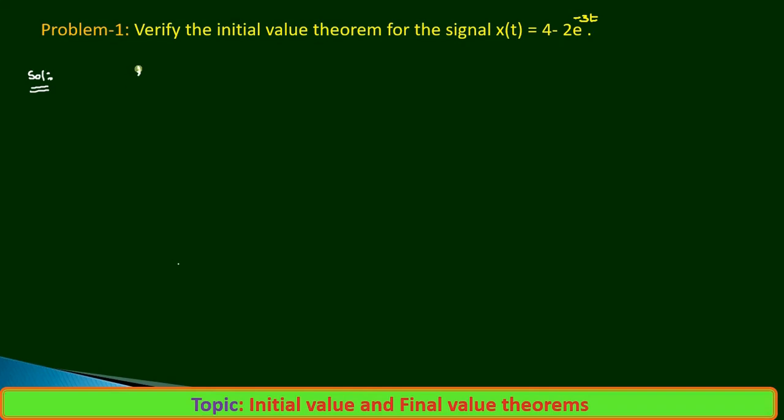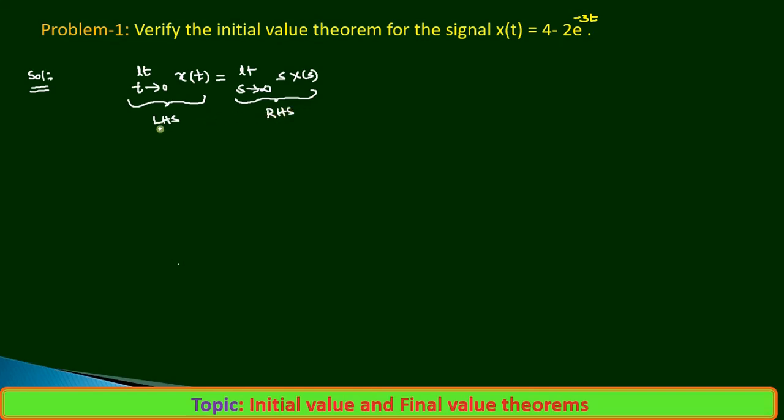First let me write the expression for the initial value theorem. The initial value theorem says that limit t tends to 0 of x(t) equals limit s tends to infinity of s times X(s). The left-hand part we call LHS, and the right-side part we call RHS.